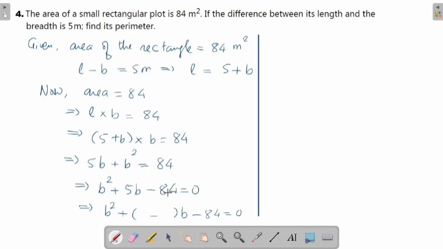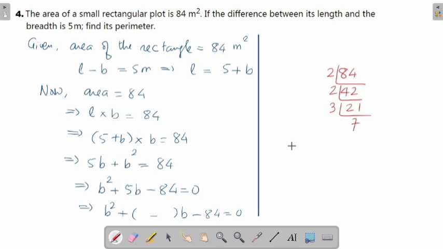Okay, so for that, what we will do is, we will do the rough work here. So we will factorize 84. So let's factorize with 2, so 2 4s are 8, so 42. Again with 2 gives you 21. Okay, so again with 3 gives you 7.